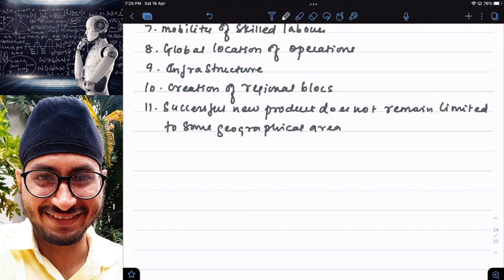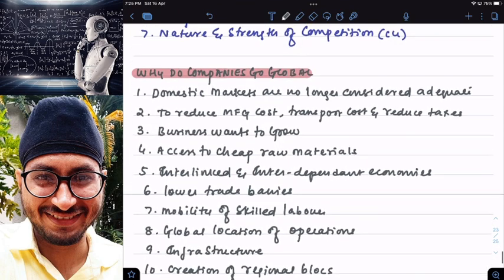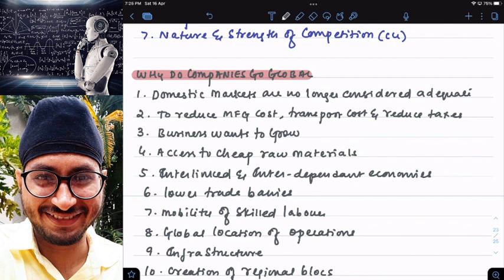Like, I innovated a new type of technology, and that technology became very popular, and now foreigners want it. I cannot restrict that only to my country, right? When I'm getting opportunities in many countries, I will start selling my technology in many countries. These are the reasons why companies go for globalization, also called the manifestation of globalization. Clear? Any doubts, anyone?